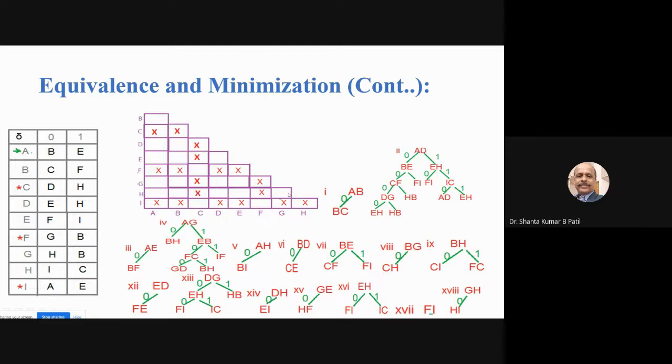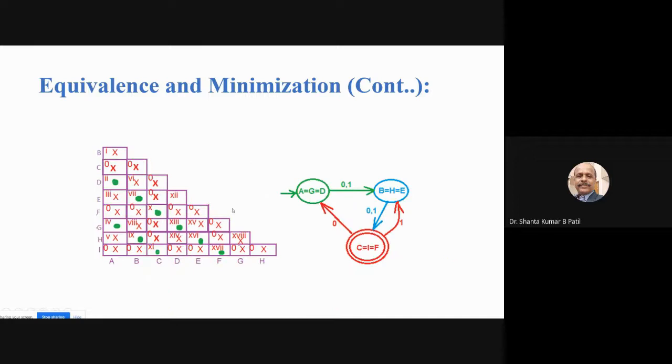Like that, you can complete this table. After completing the table, some of the pairs have a cross mark and some have a dot mark. Locate the dot marks in the table.